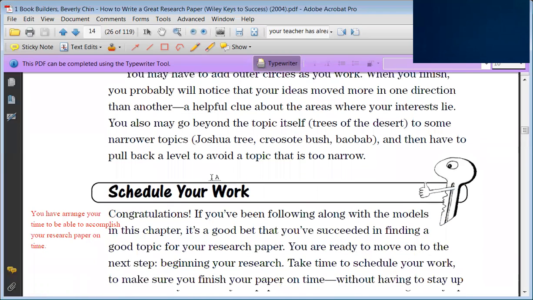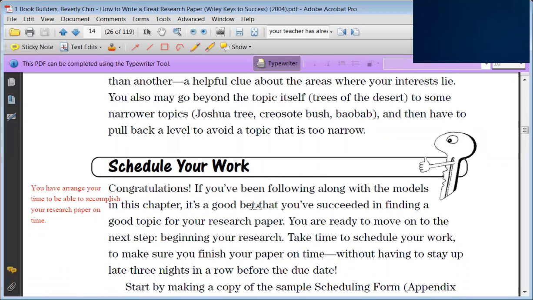The next thing we have to think about after deciding on the topic is to schedule your work. So you have to put an outline and follow them. You have arranged your time to be able to accomplish your research paper on time.